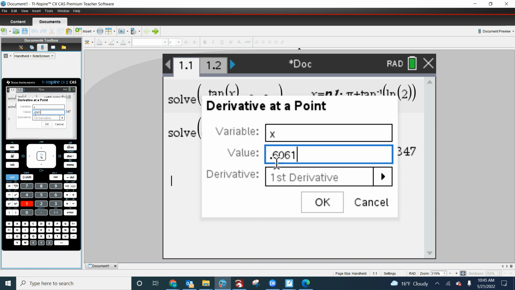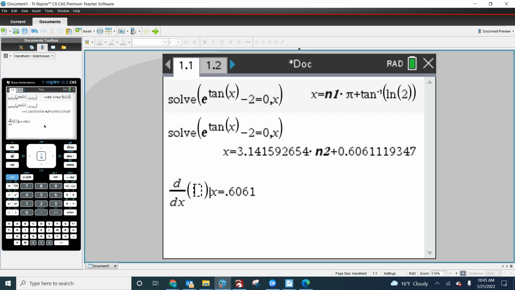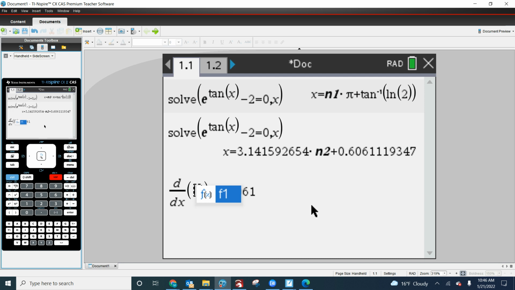0.6061. First derivative. Okay. Now it's going to ask me the function. Well, what was mine called again? F1. Anywhere in my calculator, it recognizes the f1 of x function as e to the tangent of x minus 2. So I go to my variables. The only one I've typed in, the only one I've graphed.